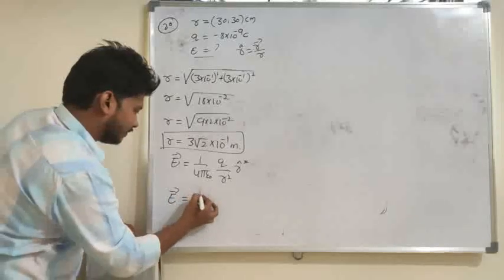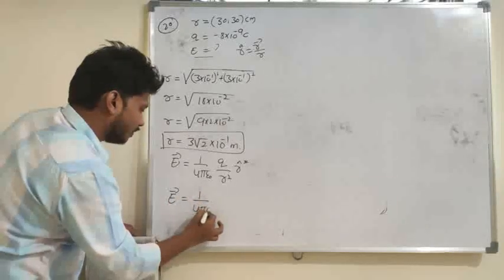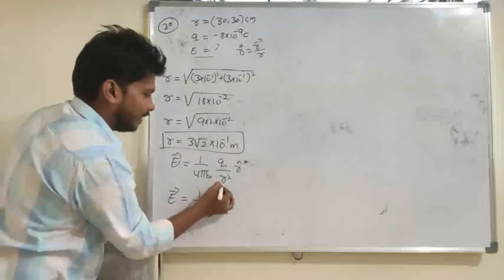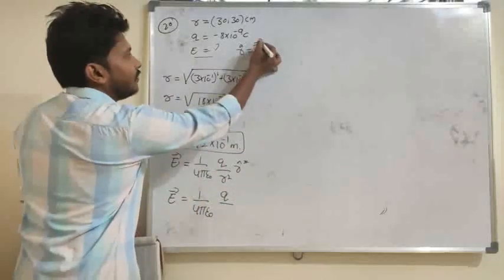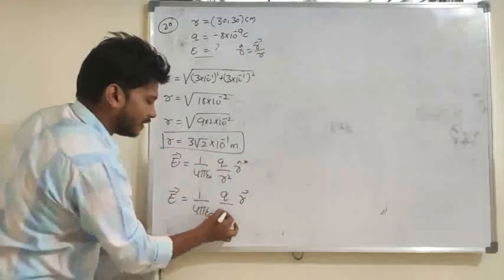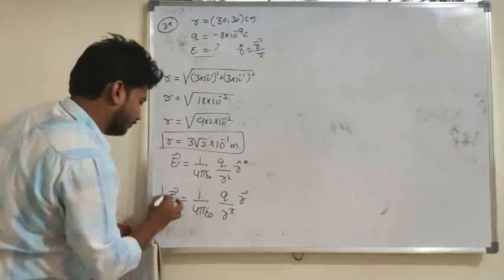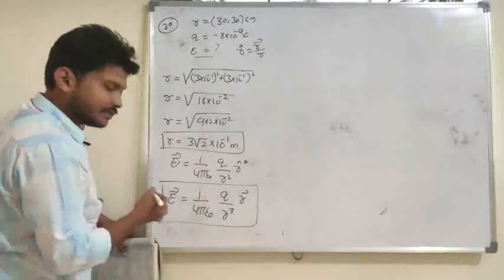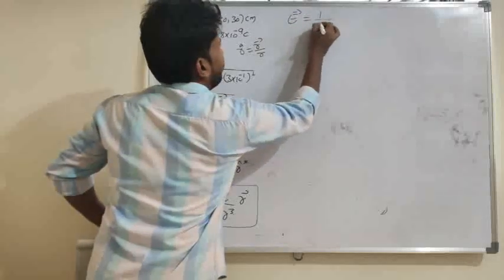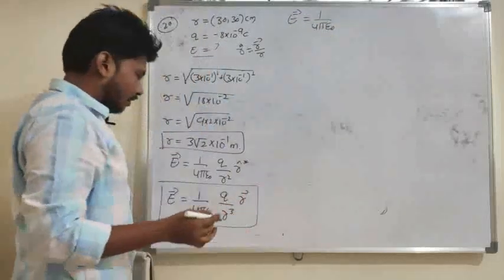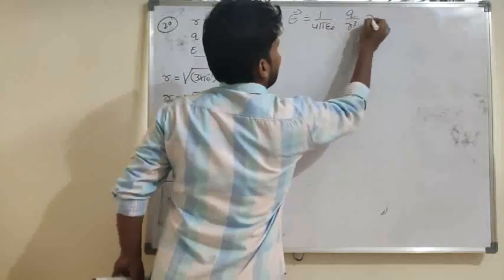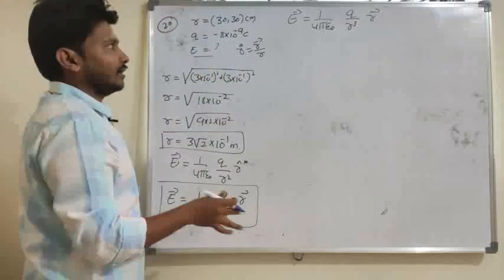So E is equal to 1 by 4 pi epsilon naught Q divided by R square, and R cap is nothing but vector R by R. So Q into vector R, already R square is there, so this one is R cube. So I will rearrange this equation. So E is equal to 1 by 4 pi epsilon naught Q by R cube into vector R here.